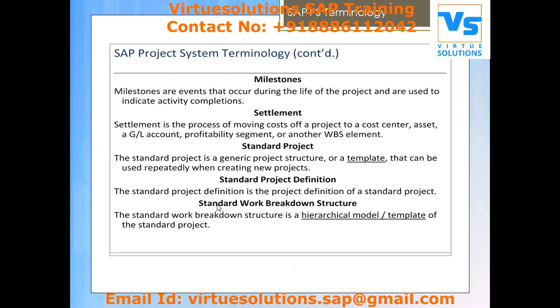Okay, so these are milestones. A milestone is one event, whenever that event has occurred, we have to tell the system whether to stop those activities or create any other actions on that.